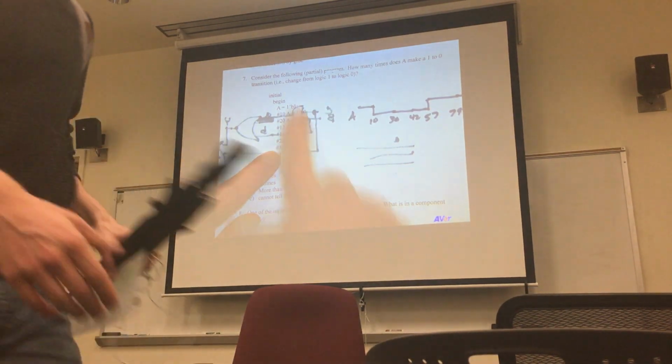So it asked, how many times did it go from logic 1 to logic 0? Twice. At 10 and at 109. I'm sorry? Those are relative delays because they're blocking. Correct. If they were non-blocking, then they would have the arrow.